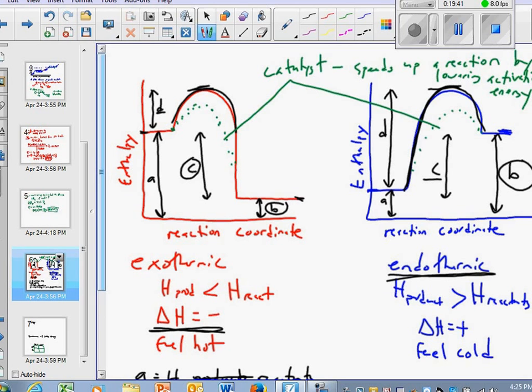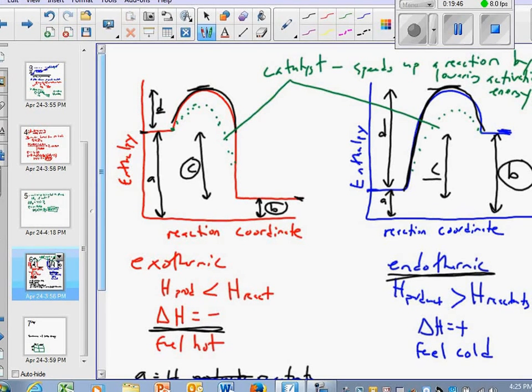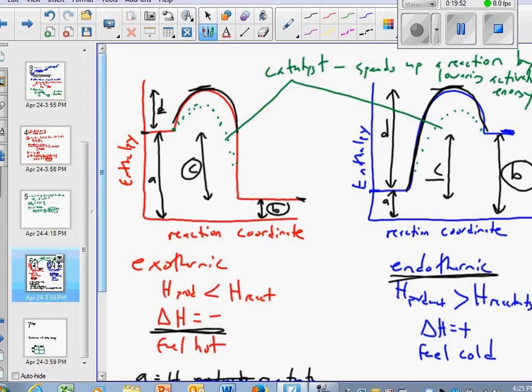When you get into higher levels of chemistry, you'll actually talk about the mechanisms that it uses to do that. But for right now, all you need to know is that it lowers the activation energy, and that allows the reaction to happen faster.